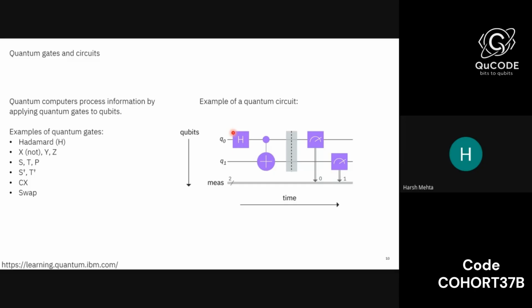You will have to go in a particular order. You cannot just say, first I'll apply this operation, then I'll apply that operation. If you do that, then you will get something else. And these are some examples of the gates. I'll discuss that as well.